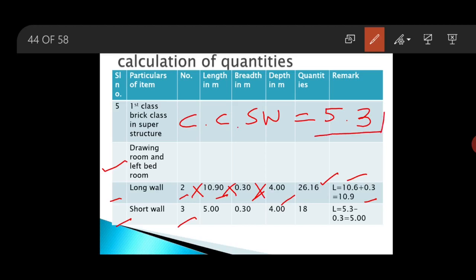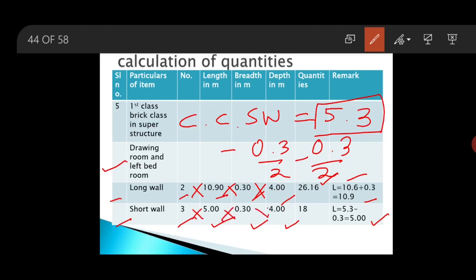So from this 5.3 we will subtract half of the width of the brickwork in superstructure from both the sides. So this will give you the length as 5 meter, width is 0.3, height is 4. So by multiplying all these 4, we will get the quantity as 18 cubic meter.